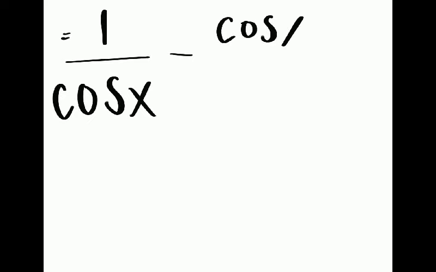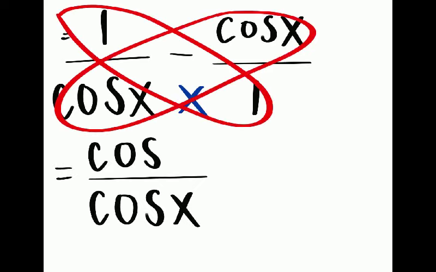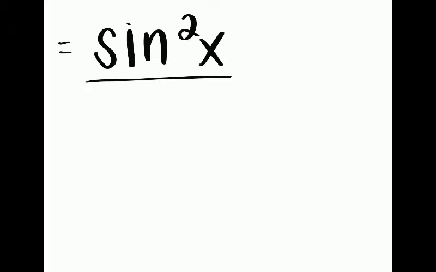We will now be using the butterfly method, leaving us with 1 minus cosine squared x over cosine x. Since 1 minus cosine squared x is equal to sine squared x, we can now transform it into that, which leaves us with sine squared x over cosine x.